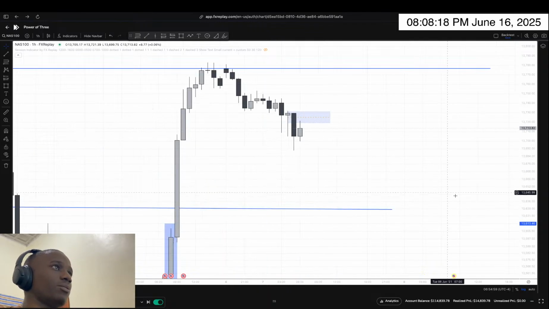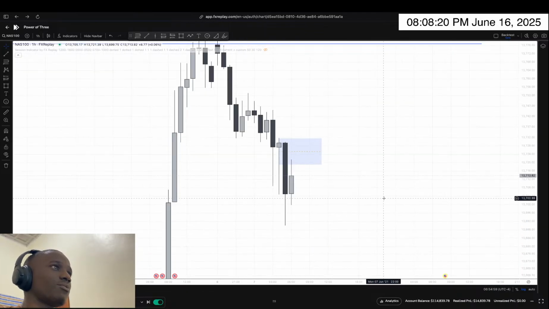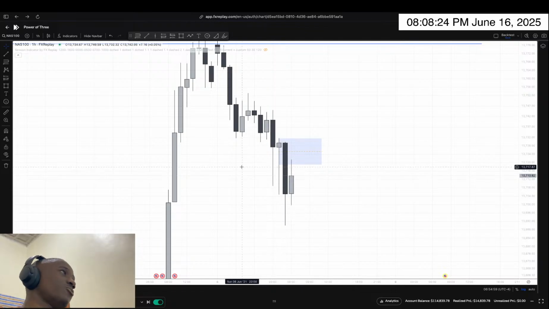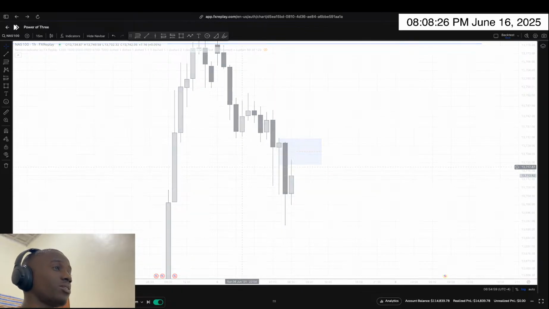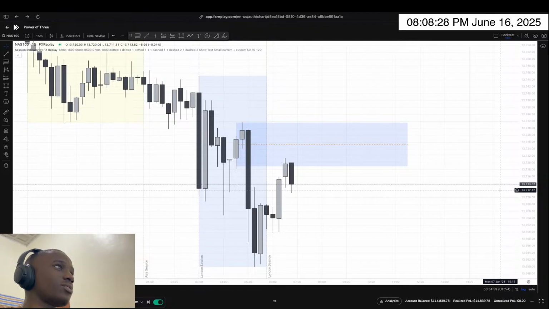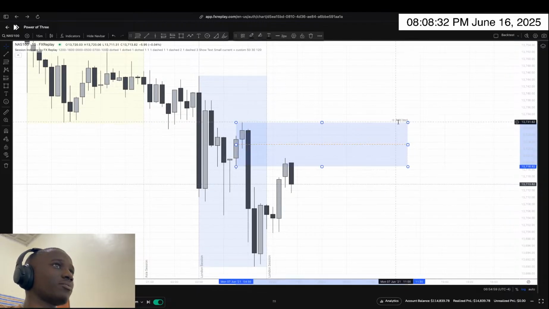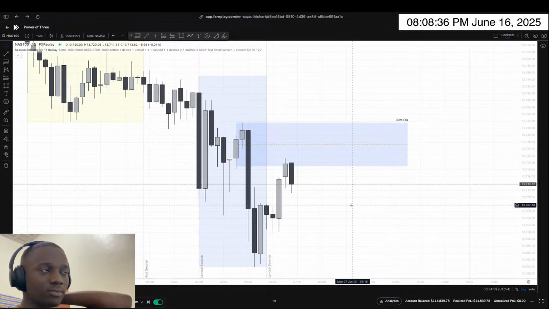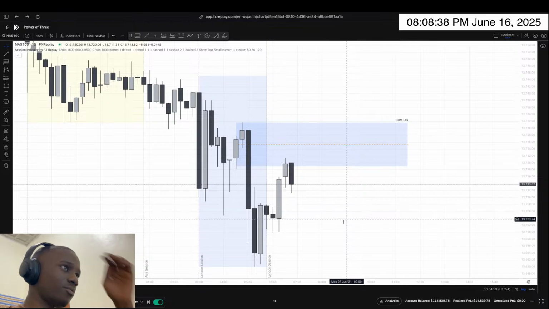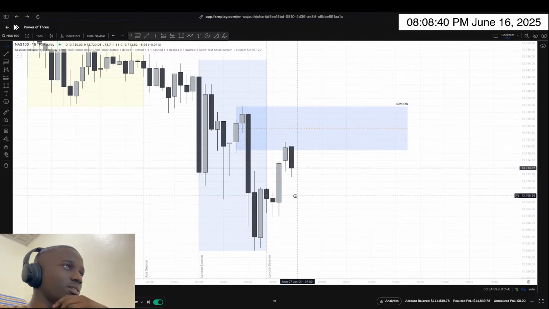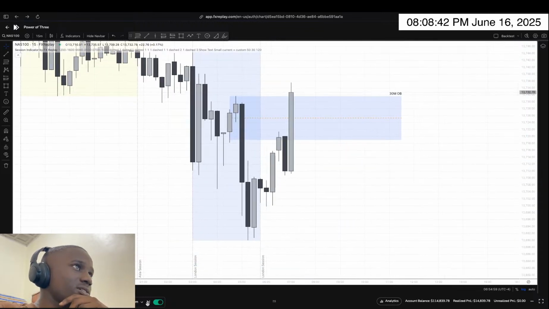Now when you go to the 1 hour, you can see that rebalancing is possible, even though these weeks are not promising it. So if we see a sign to enter, then we enter. If not, then sit on our hands. So we're in a 30-minute order block, this one. Good. The 15-minute is showing something like this.